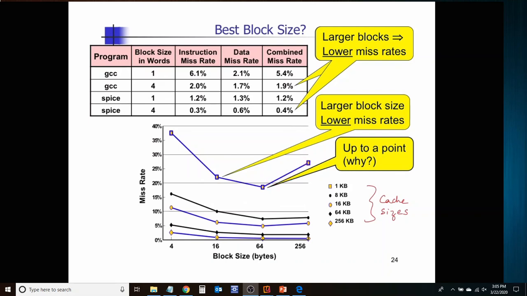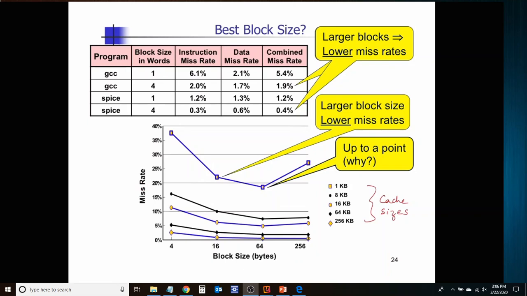And a block will be bumped out of the cache before many of its words are accessed. So we are going to have to choose the appropriate block size so that we get the best miss rates or the least miss rates.